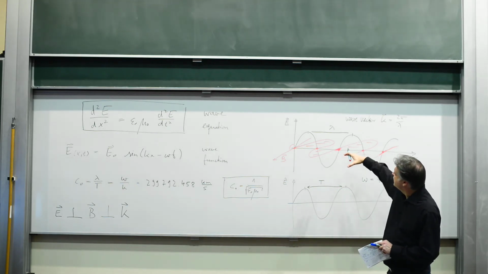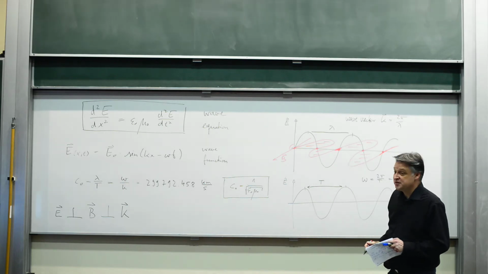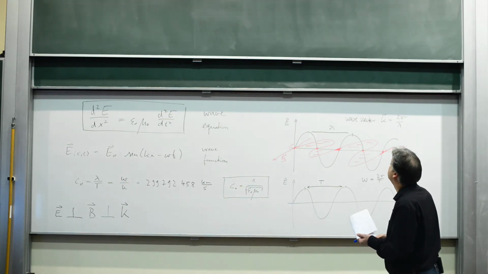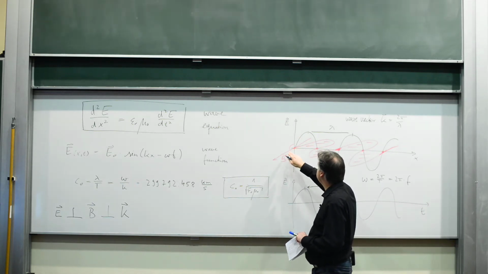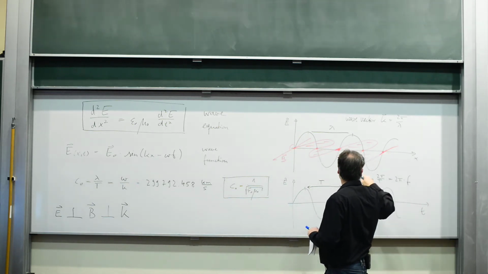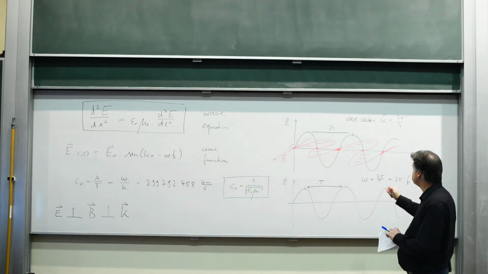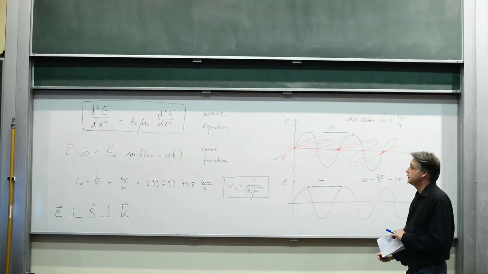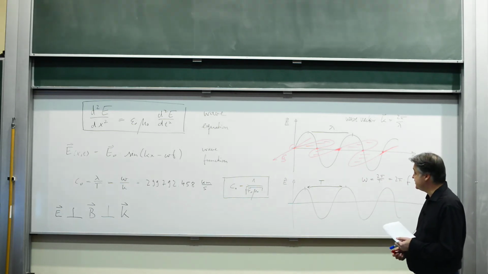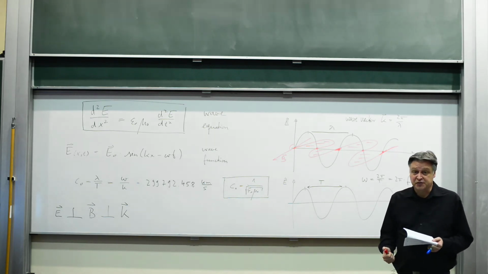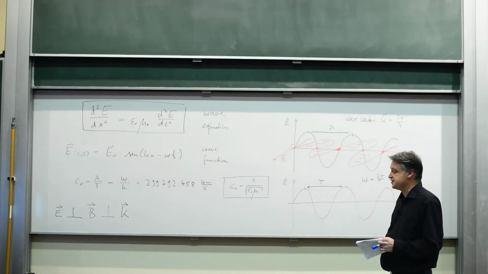Just to make sure, the magnetic field would here be pointing out of the blackboard. The E field is perpendicular to the B field, and the two are perpendicular to the propagation direction of light, and that's the wave vector k. The starting points are always identical, so you could also say the electric and the magnetic field are always in phase with each other.